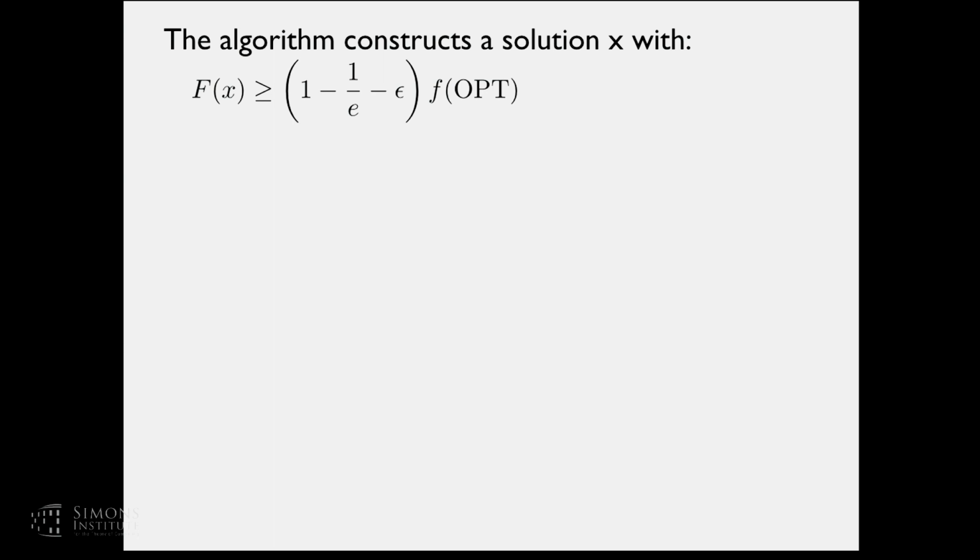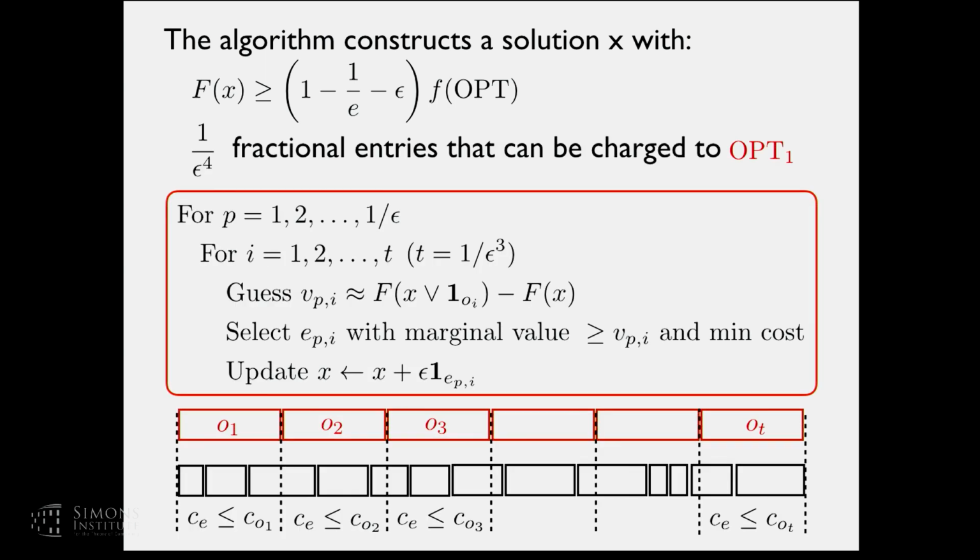So let's think about what is happening to the fractional solution. In particular, let's think about what is happening in the opt1 phase. That is the only part where we're increasing the values of items fractionally, because density greedy will pick everything integrally. So if you look at our fractional solution at the very end, it will only have items that are strictly fractional if we selected them in this opt1 phase.